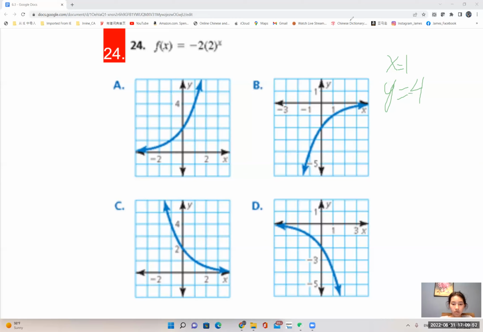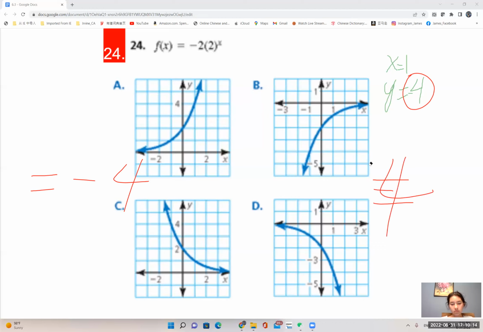Oh, actually, you mean -4, right? Correct? Yes. As we mentioned in the past, don't do it like this.